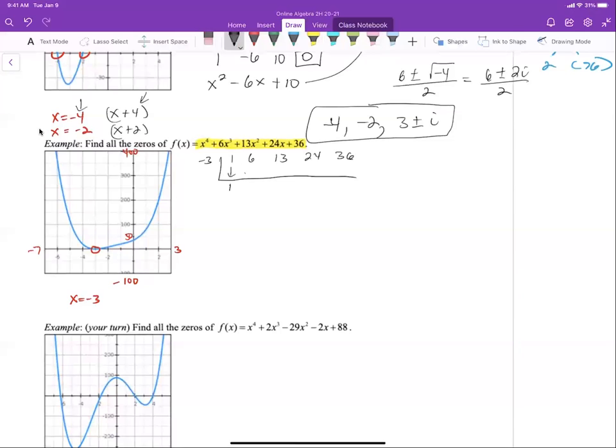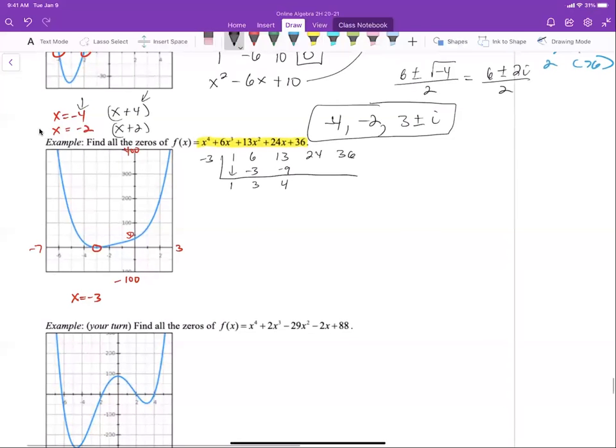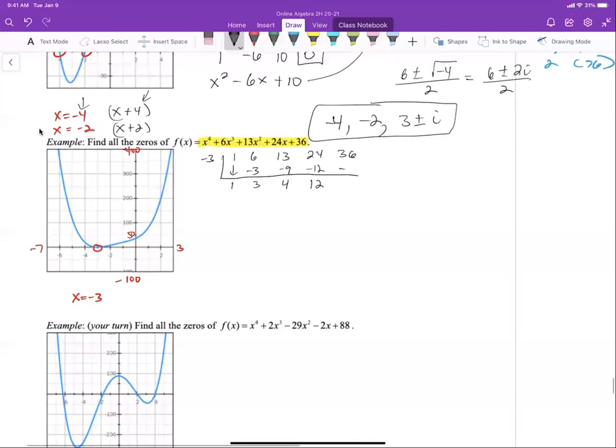So I get 1, -3, I get 3, I get -9. Did I do that right? -9 plus 13 gives me a positive 4. -3 times 4 is -12. 24 plus -12 is a positive 12. -3 times positive 12 gives me -36. I have an answer of 0. That is what I wanted, because now I know that -3 is a 0.